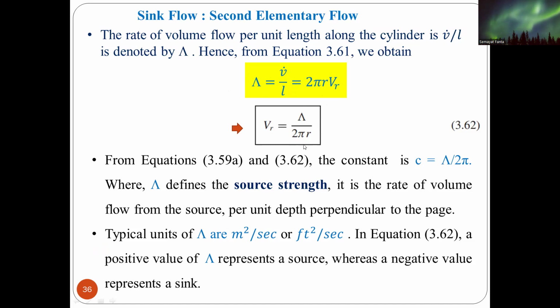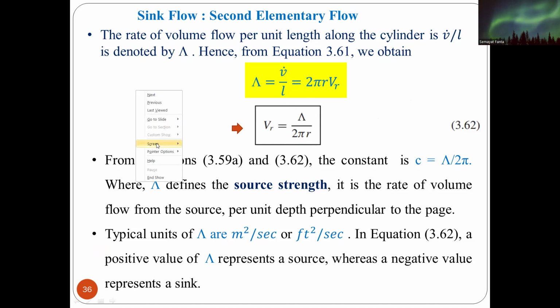This 2 pi r is the circumference of the cylinder. So as r varies, when r has a large value, the radial velocity is small. As r is very small, the value of Vr is high, so radial velocity is inversely proportional to the radius.